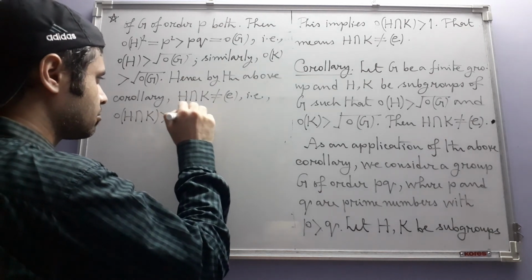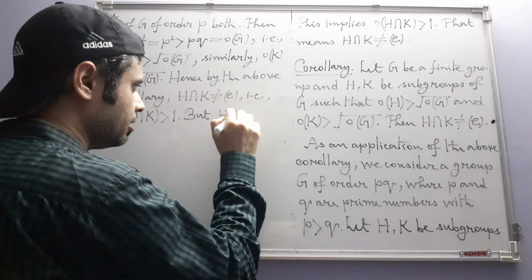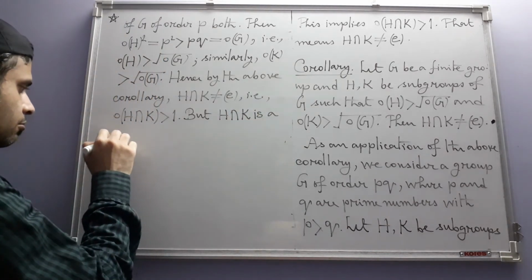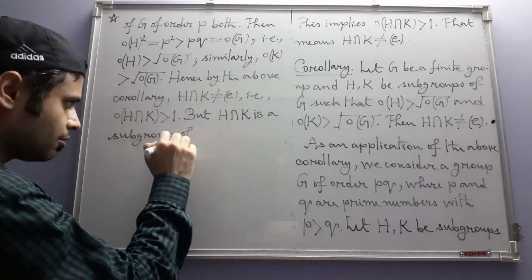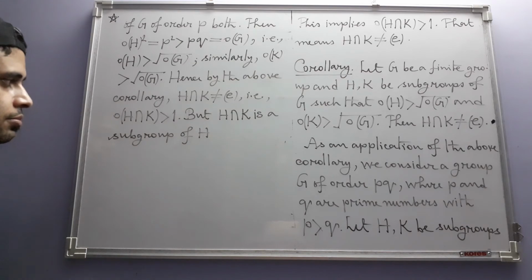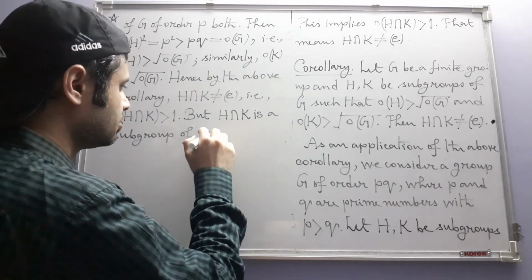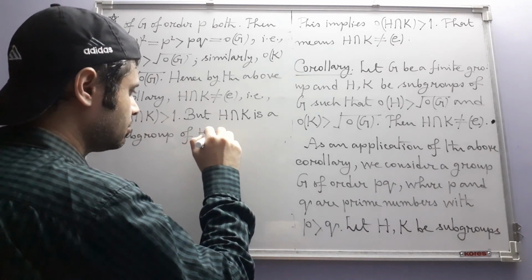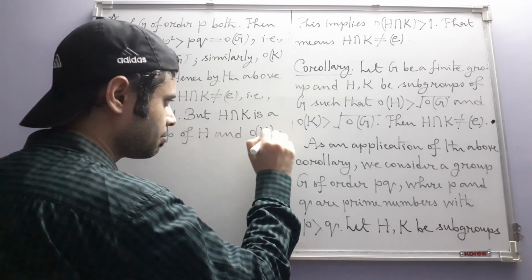But H intersection K is a subgroup of H, and order of H is a prime.